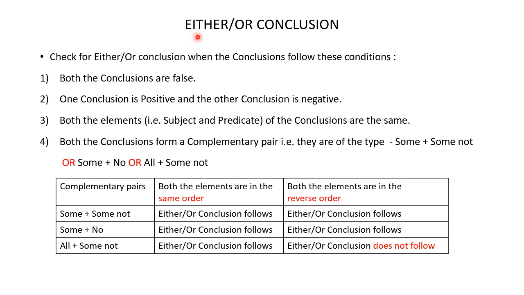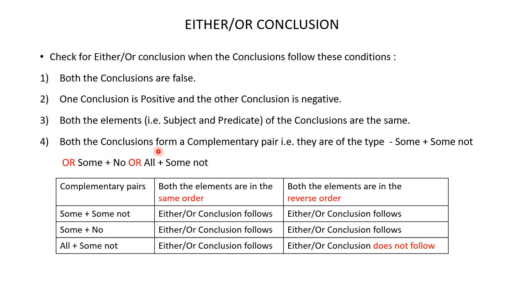Let's now learn how to identify an either or conclusion. You have to check for either or conclusion when the conclusions follow these conditions. Both the conclusions should be false. One conclusion should be positive and the other conclusion should be negative. Both the elements of the conclusion, that is the subject and the predicate of the conclusion, should be the same.